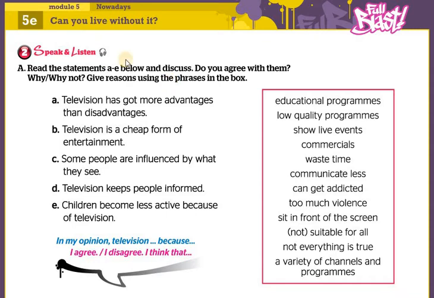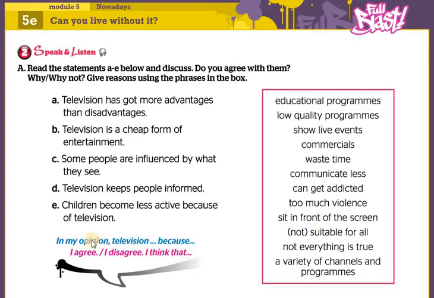For example, let's take the first statement. Television has got more advantages than disadvantages, right? So try to give your opinion about this sentence using the script or the tip of communication below and using one of the phrases in the box.